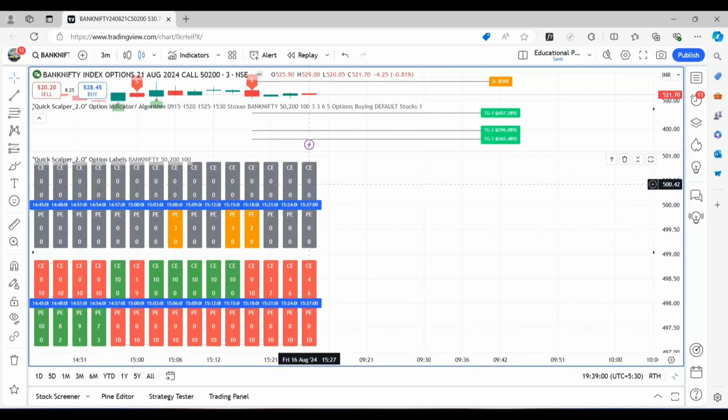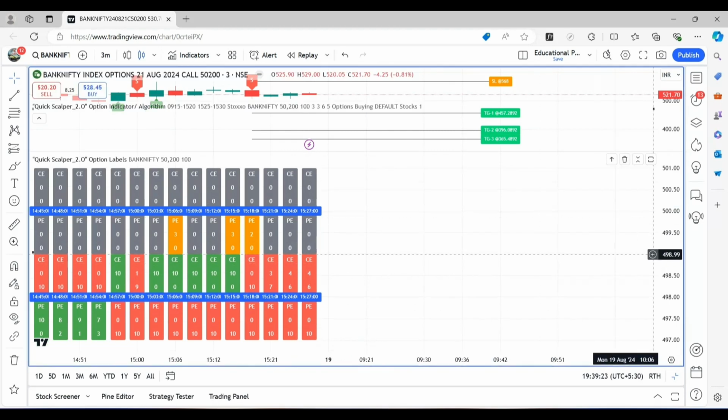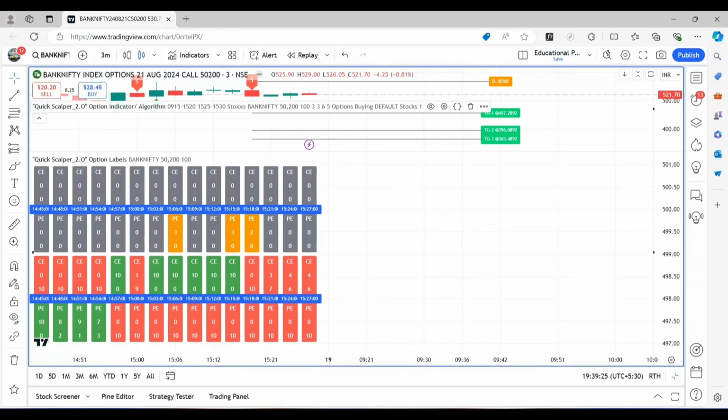This first label denotes the buyers and sellers for each and every candle. In the call option, above it shows the buyers, and below it shows the sellers, and the put option is the same, buy and sell. Like this for the lower one also: call option, how many buyers, how many sellers. In the put option, how many buyers, how many sellers. This is what the chart defines, and based on this we are going to take the trade.